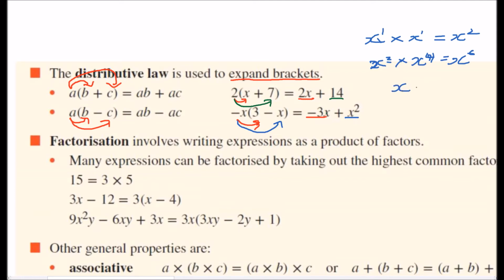Or x to the power of 1 times x to the power of 7. Generally you won't see that 1 there, it'll be rubbed out. So you'll see x times x to the power of 7 will become x to the power of 8. So keep that in mind: when you're multiplying variables, you have to add the indices.